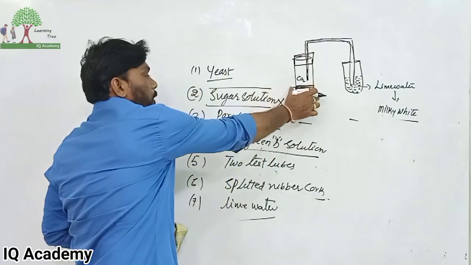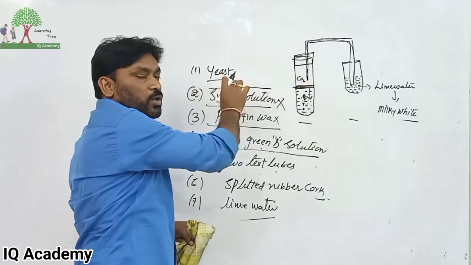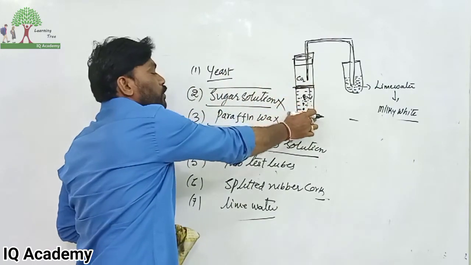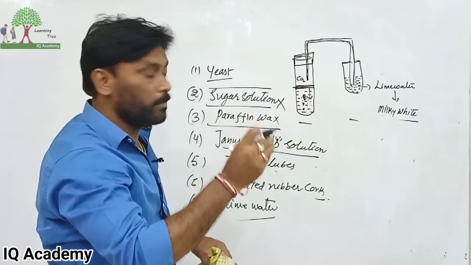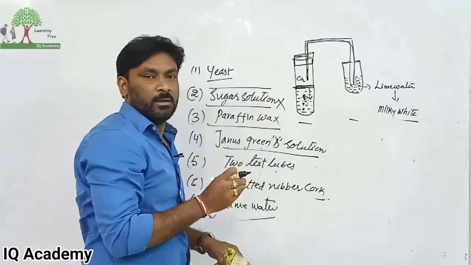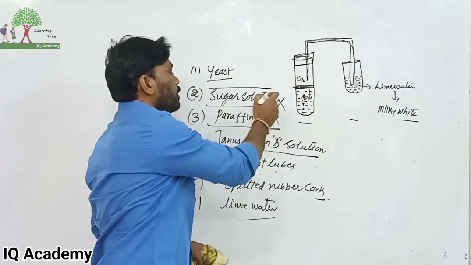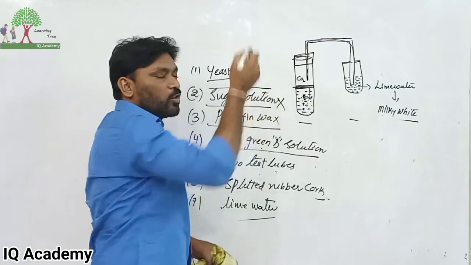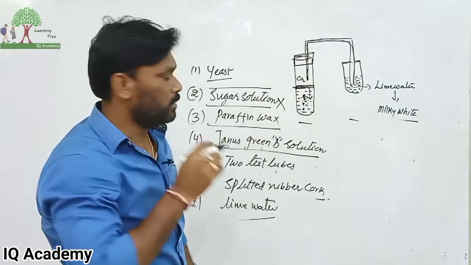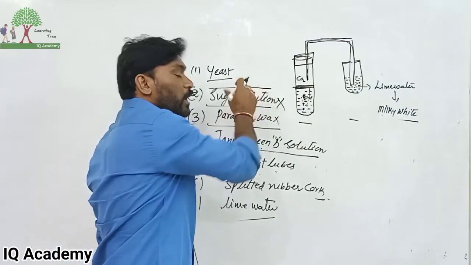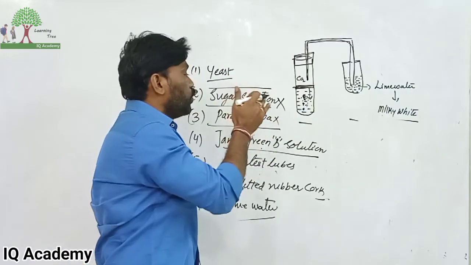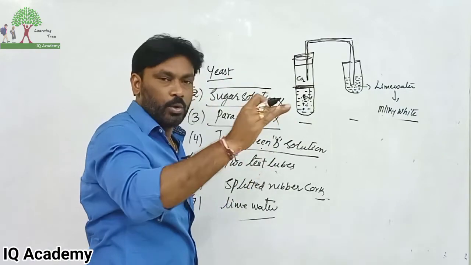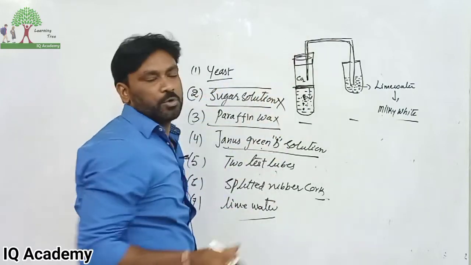Take a test tube, take the sugar solution. Before pouring it into the test tube, heat the sugar solution in order to remove the dissolved oxygen present in the glucose solution. So we removed it and poured it into the test tube.